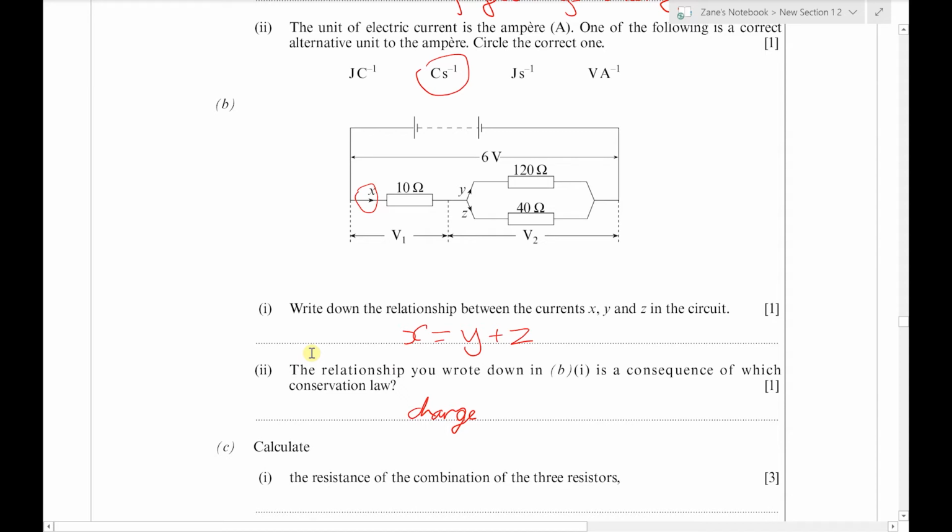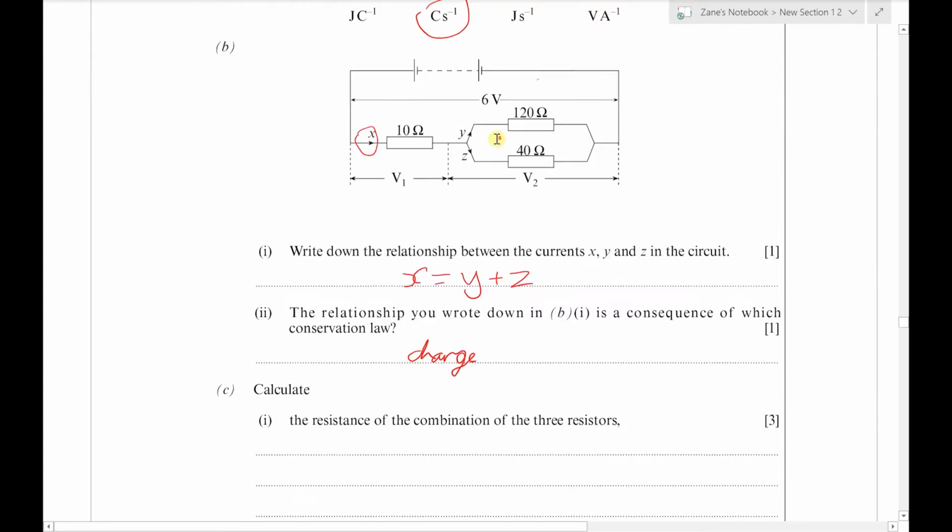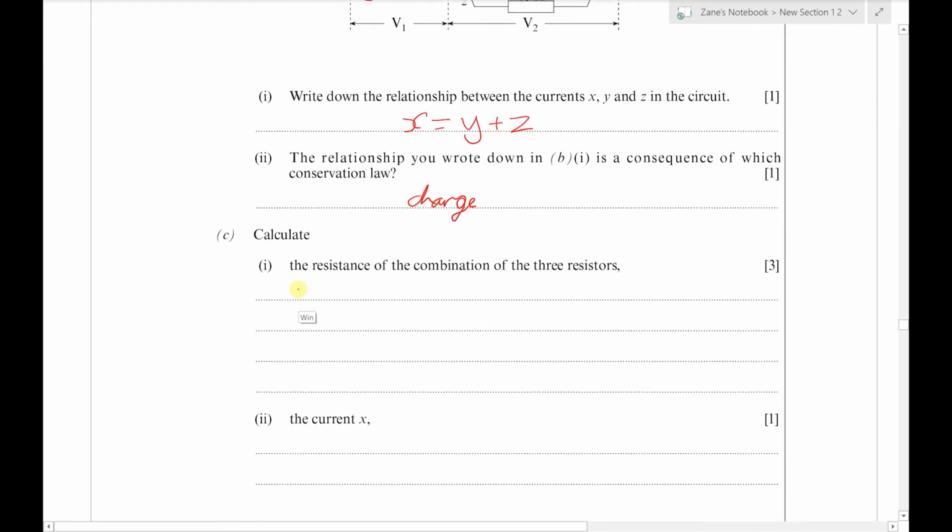In the next part of the question, we're asked to find the resistance of the combination of the three resistors. So we'll start by working out the resistance of the parallel combination. Remember that resistors in parallel add in reciprocal form, so 1 over the parallel resistance is 1 over 120 plus 1 over 40.